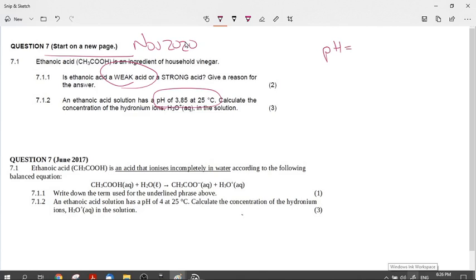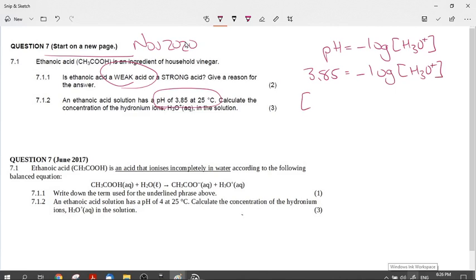So you say pH equals minus log concentration of hydronium ions. And then we know the pH is 3,85, so substitute in for the pH: 3,85 equals minus log hydronium ion concentration.